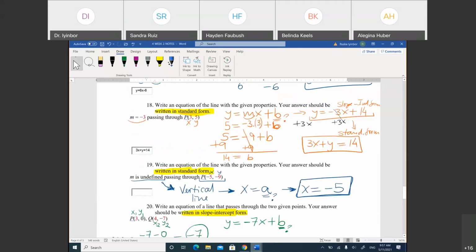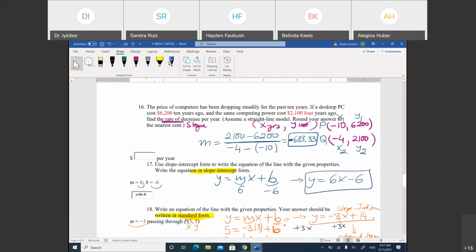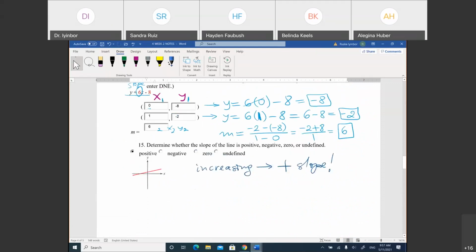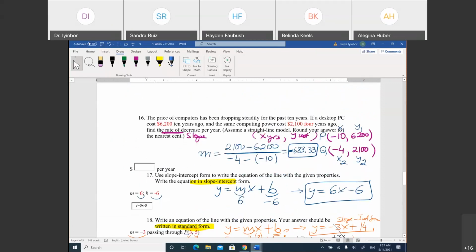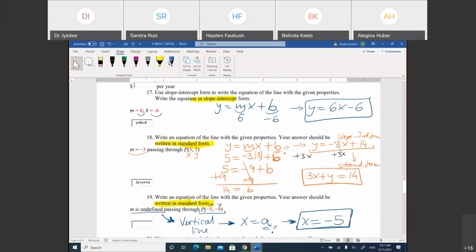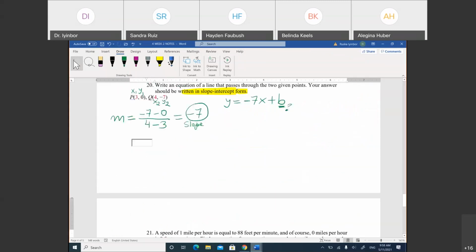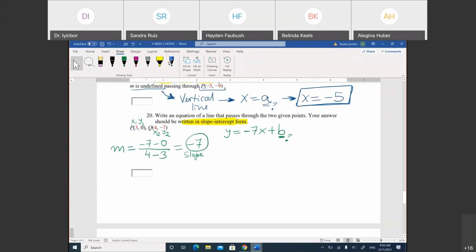Let me show you how we did it right here. Look at number 18. We have the slope. And what do you use to find x and y, to find b? We're using one of the points, right? Because in number 20, we have 2 points given, not 1 point.